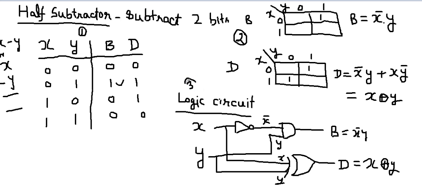So these are the 3 steps, and by following these steps you can simply draw a logic circuit for any combinational circuit, whether it's half adder, full adder, subtractor.